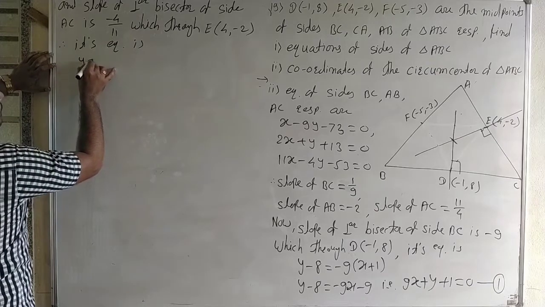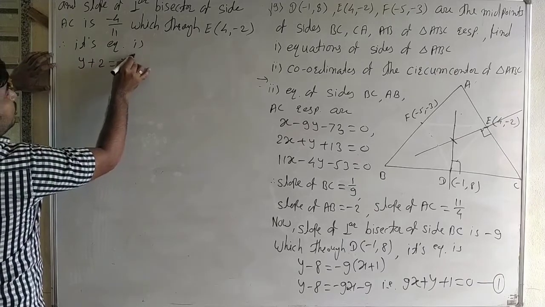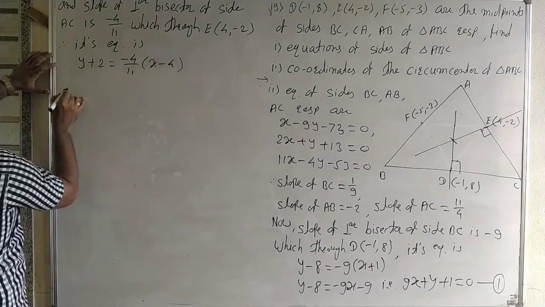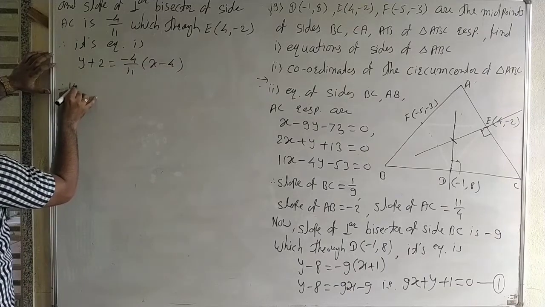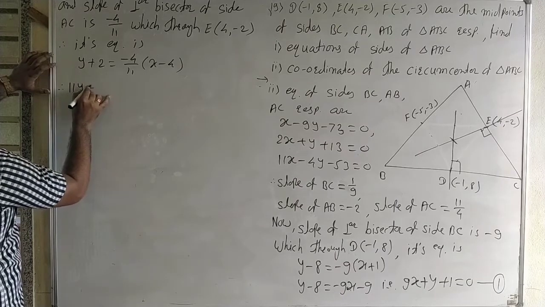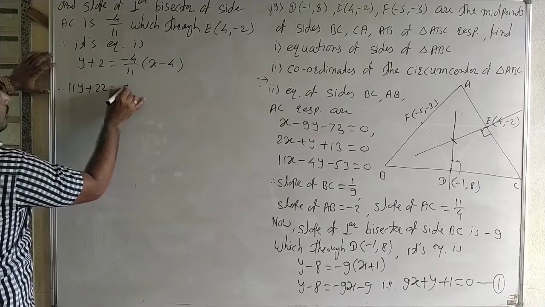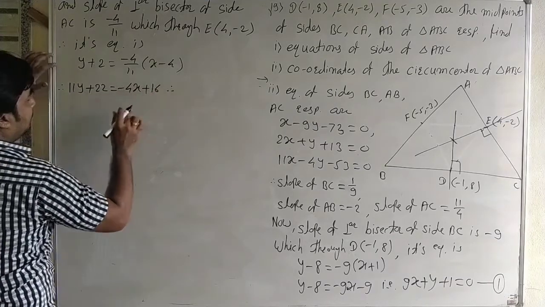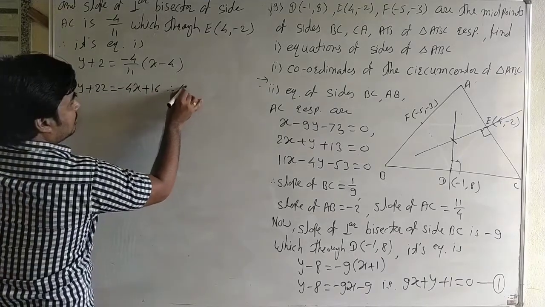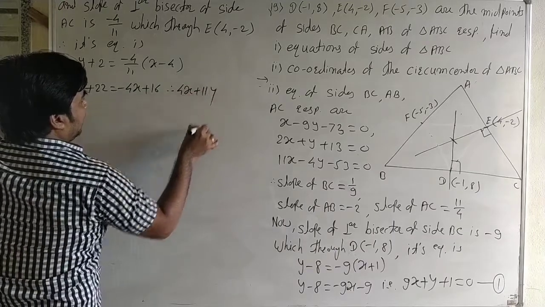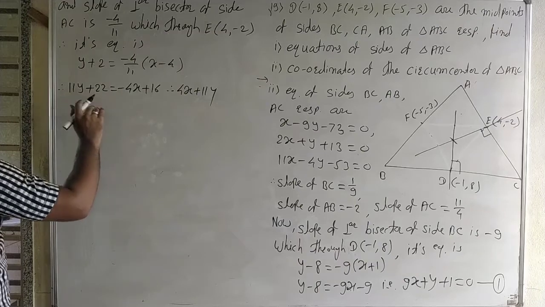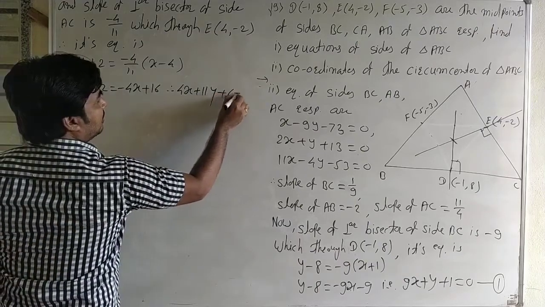y minus y1 is equal to slope into x minus x1, and then this can be written as 11y plus 22 is equal to minus 4x plus 16, and therefore 4x plus 11y, and 16 becomes minus 6, is equal to 0.